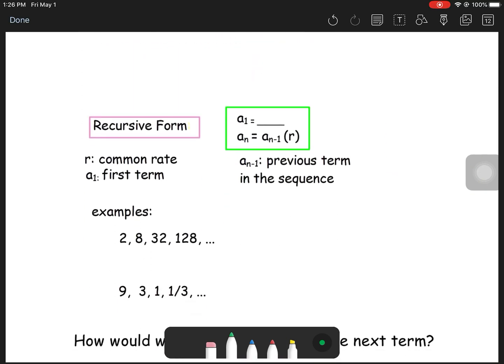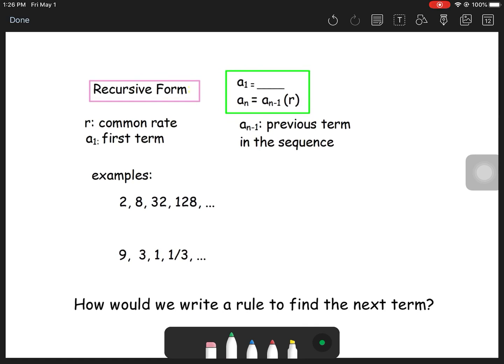So we're going to start with the recursive rule for the geometric series. It's super easy. What you need to do is remember how to find the rate. So on this first example, the rate is going to be 4. We just need the first term. That's very straightforward. And then we need to know the term before.